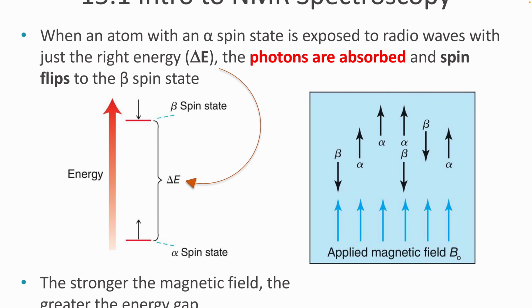So when we send in a photon, our photons get absorbed by exciting a nuclei from the spin state where it's aligned with the magnetic field to where it's aligned against the magnetic field, right? So these photons are flipping the spin of these nuclei within those magnetic fields. That's why those photons are getting absorbed, okay?